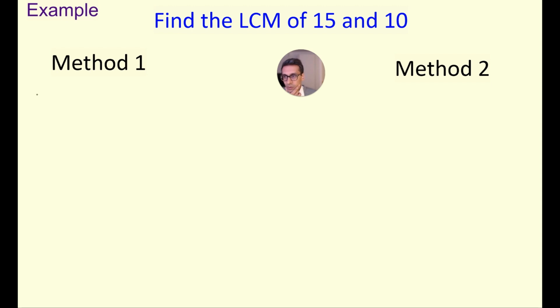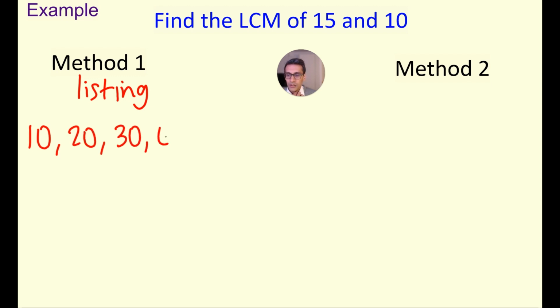So for the first bit, let's do method 1, which is listing. So we could write 10, the next flash is at 20, 30, 40, and it keeps going.